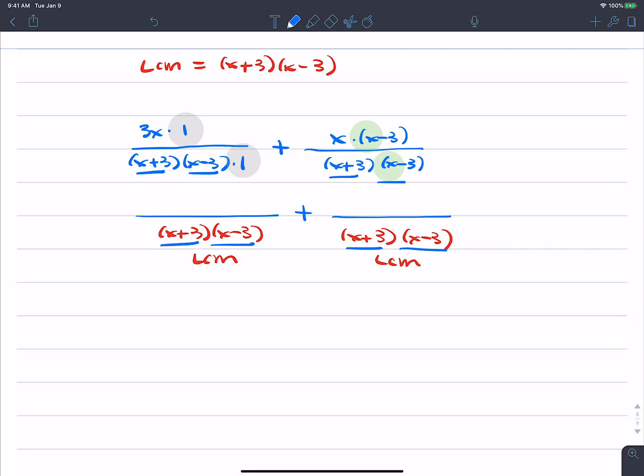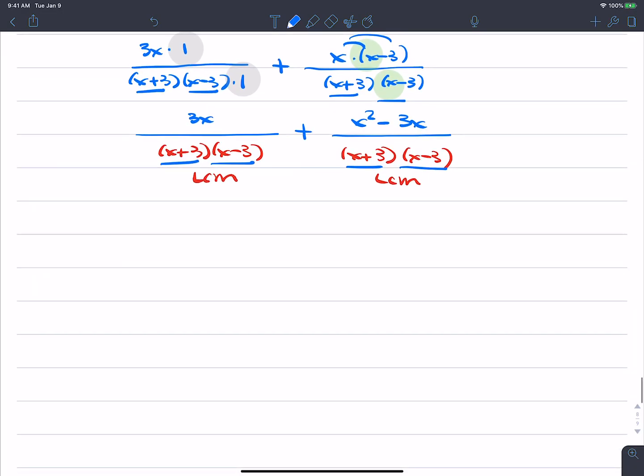So we can now multiply: 3x times 1 is 3x. Distribute, we get x squared minus 3x. So these fractions are now like, I get 3x plus x squared minus 3x, everything over x plus 3 times x minus 3.